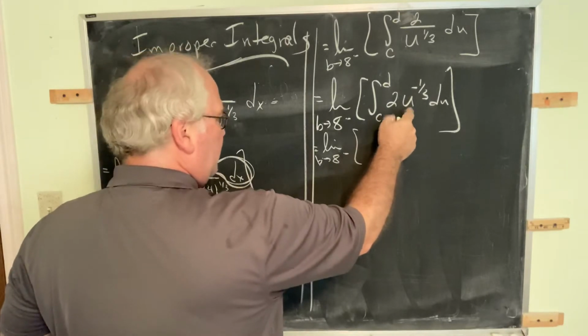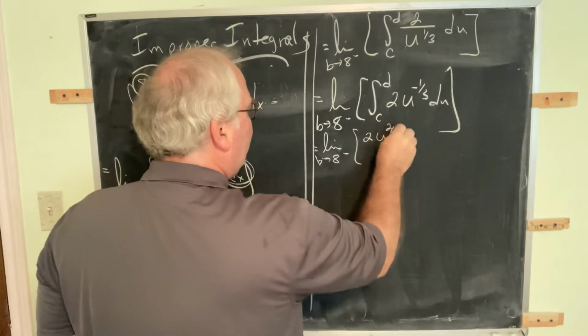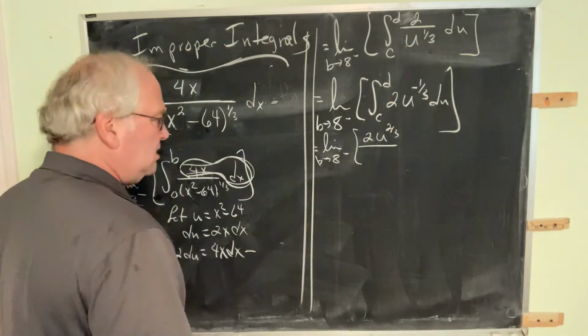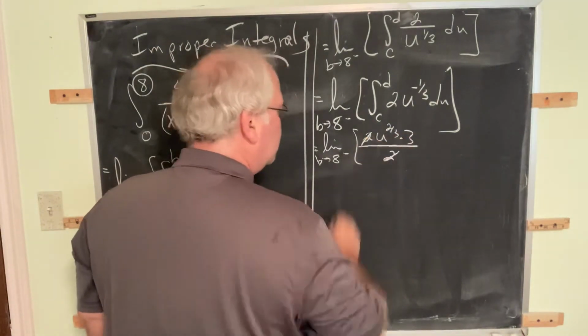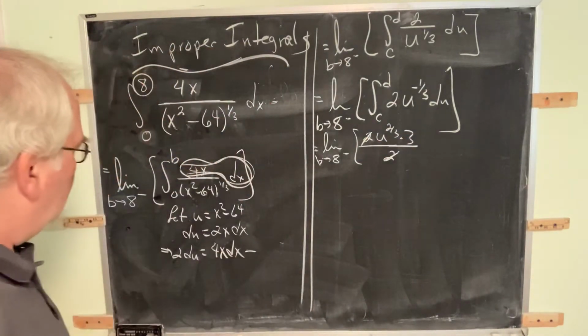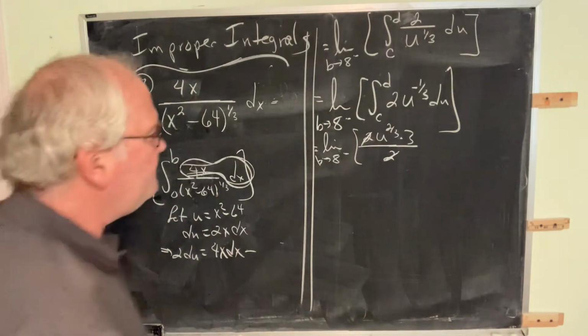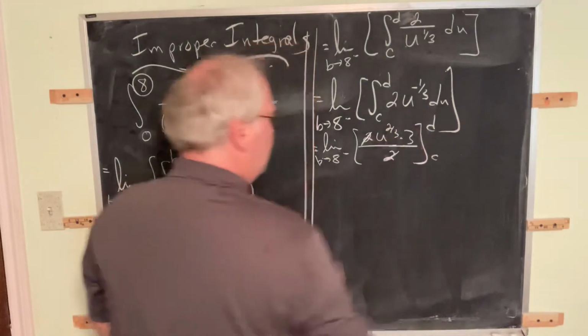And the antiderivative is 2 u raised to the 2/3 power, divided by 2/3, which means we multiply by 3/2. And the 2's cancel, so we have 3, evaluated from c to d.